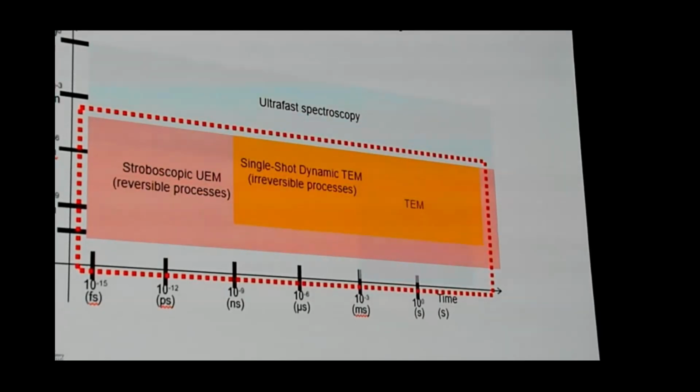And when electrons are next to each other, they don't like each other, they repel. They repel as they're moving down the column, and that messes up our time and spatial resolution. So that's why we're over here in the nanosecond, microsecond regime and micrometer, nanometer, tens of nanometers kind of spatial resolution.